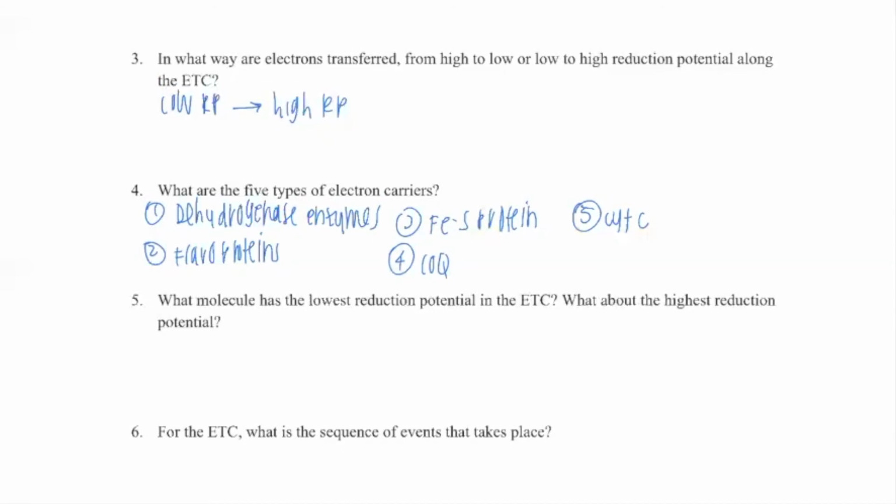So if we're talking about CoQ, we know that CoQ is found within the inner membrane, right? If it's within the inner membrane, then that tells us that this molecule, this coenzyme Q, has to be small and a hydrophobic molecule, right? Because that is the only way that this molecule can be found within that phospholipid membrane, right?